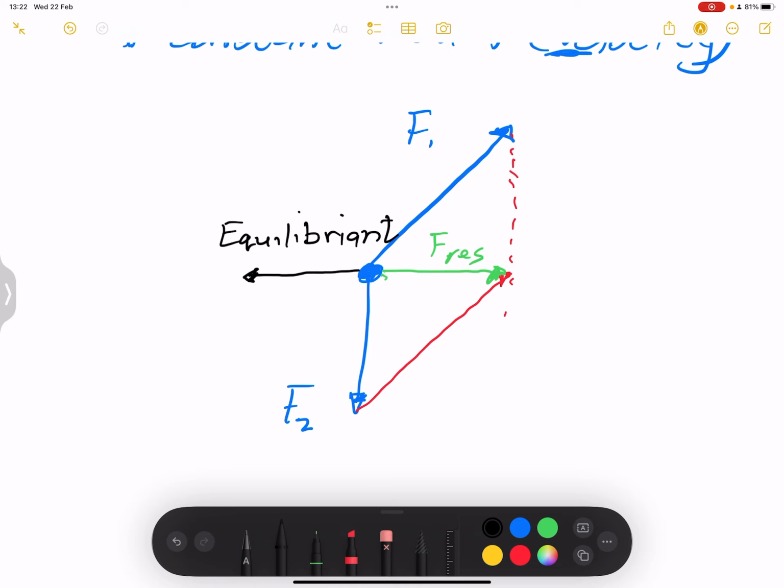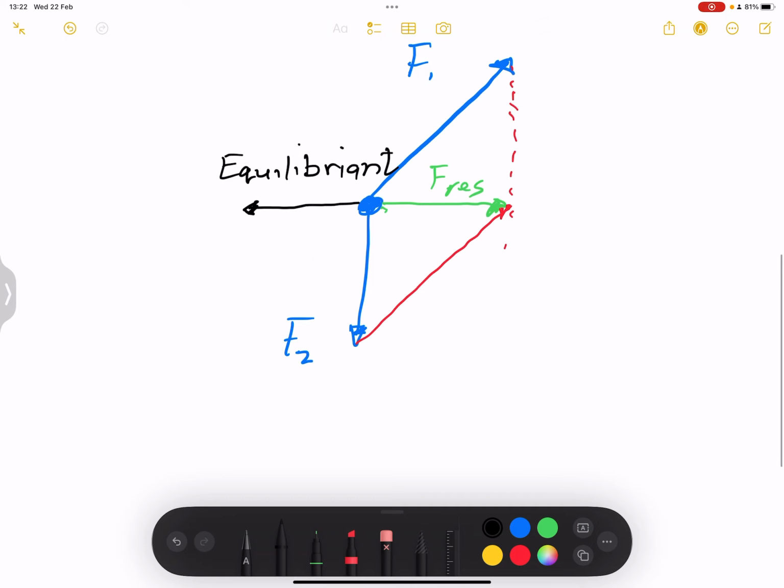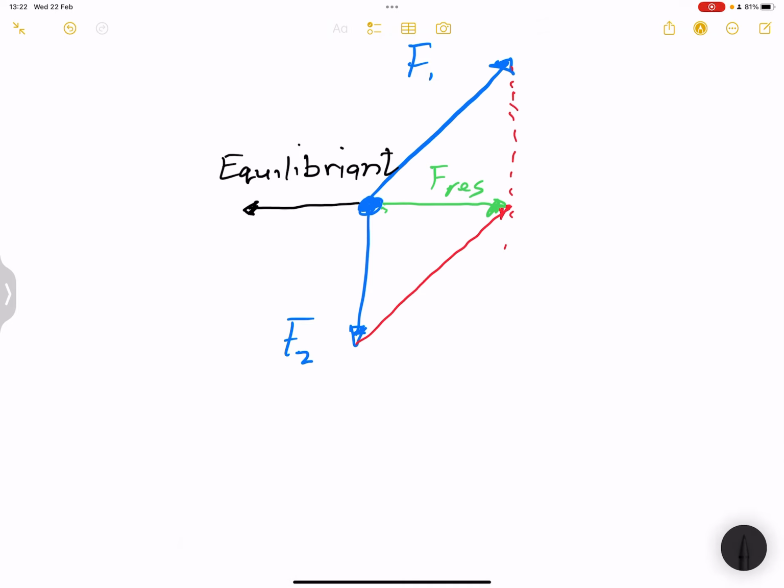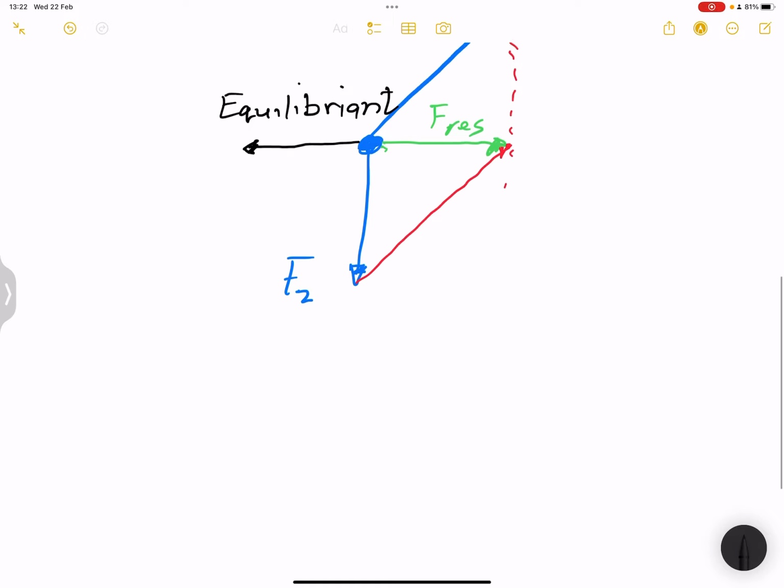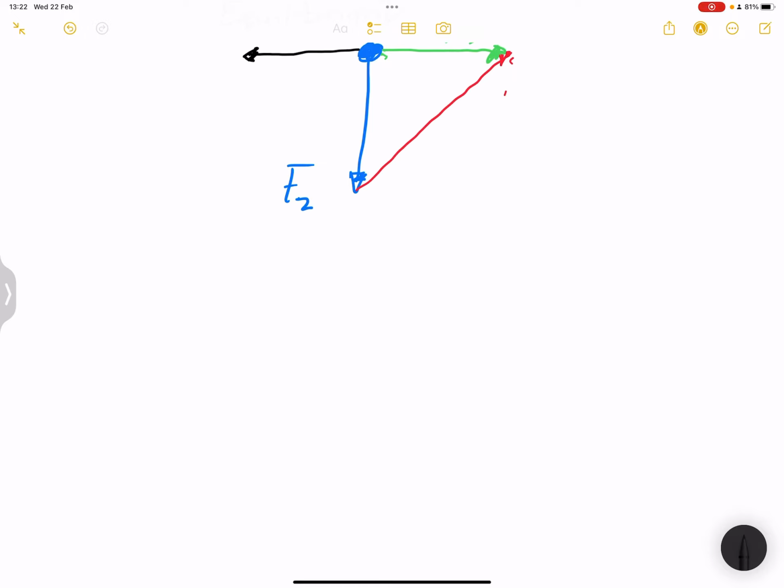Now, I'm going to talk about a law that we're going to use whenever we've got forces that are at equilibrium. This is the triangular law of forces in equilibrium.